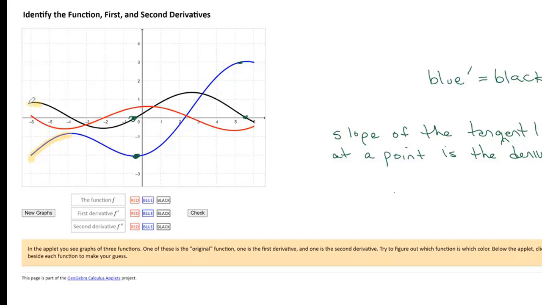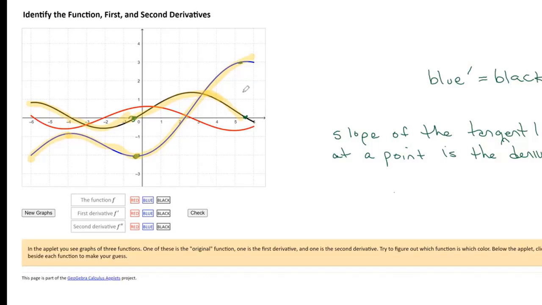And notice that black is above the x-axis. And then we have a negative slope until we get here. And notice we have negative values on black. And then we increase. And here it's all positive. And I guess that at that point, the blue would be coming down.